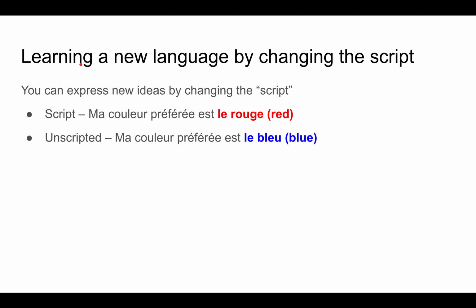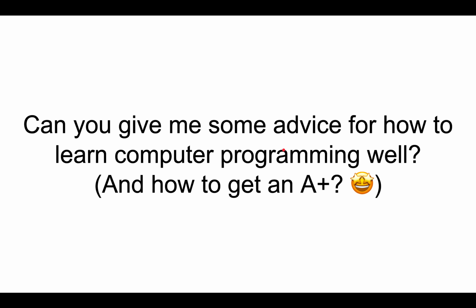One thing about learning a new language is you start by memorizing certain scripts, and then as you get more familiar with the language, you know how to adapt or modify the scripts to express your meaning. So you may have memorized ma couleur préférée est le rouge, and if you learn the word bleu, then you can easily adapt it to say ma couleur préférée est le bleu. Okay, enough about this crazy French stuff.